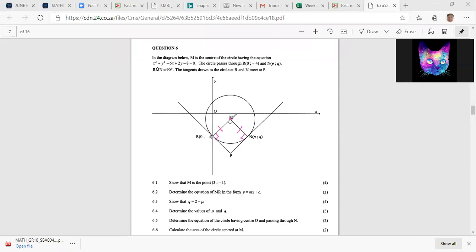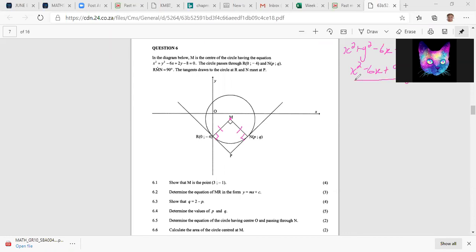Okay? M is the center of the circle, so we're going to take that and complete the square. All right, so we put our x's together and then add half of that squared. Half of 6 is 3. 3 squared is 9. I take that over and I also add the 9. If I add it to one side, I add it to the other. Then plus y squared plus 2y plus half of 2 is 1, 1 squared is 1, and I add it to both sides.